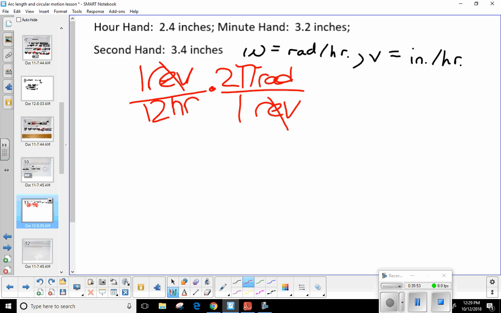So all we have to do is just simplify. So what would 2/12 become? 1/6, so pi over 6. Yes. That is exactly right. There's the angular velocity. Good.